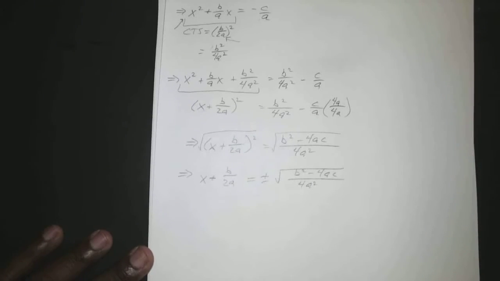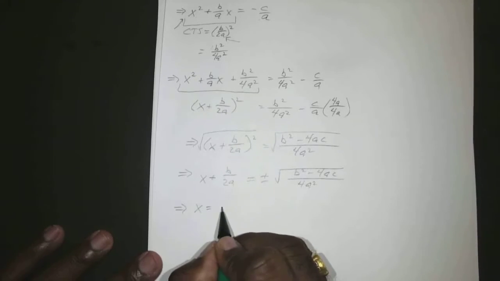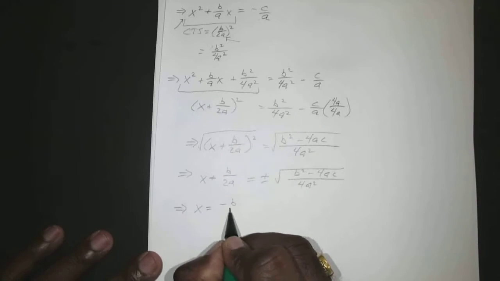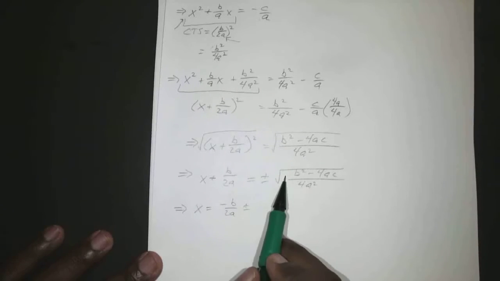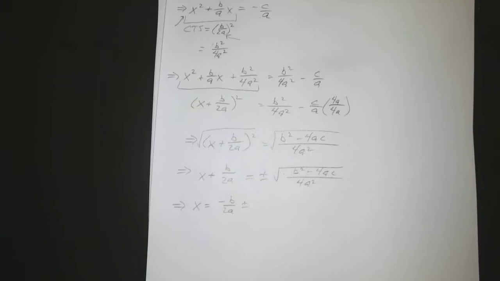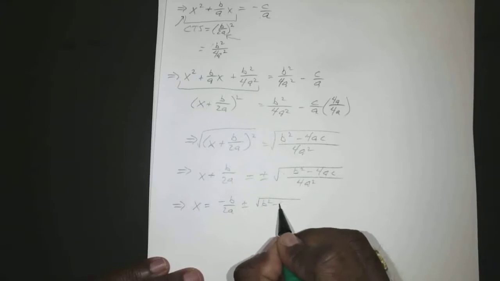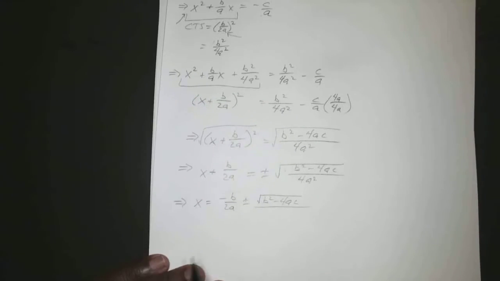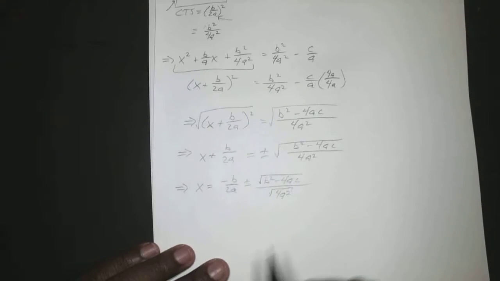Now if we subtract our b over 2a, we have x equals negative b over 2a plus or minus. And remember, with the square root of a quotient, you can just apply the square root to both of them. So you have the square root of b squared minus 4ac all over the square root of 4a squared.